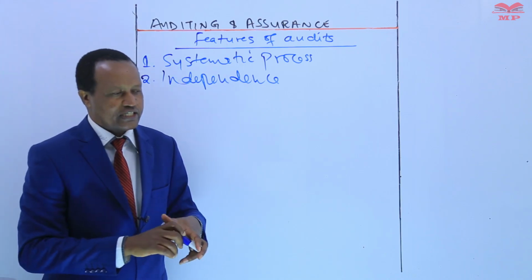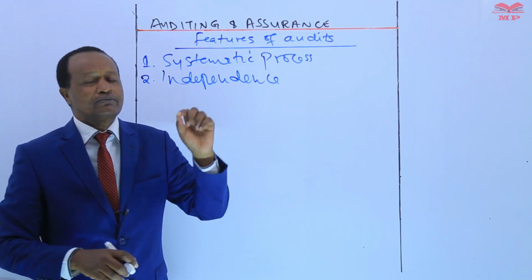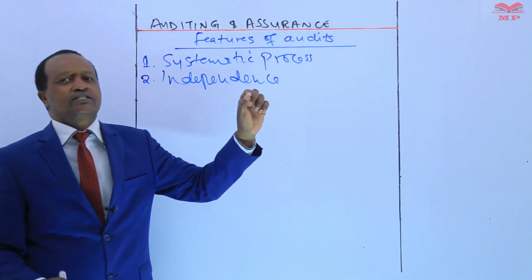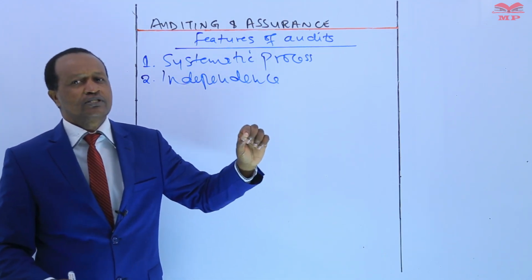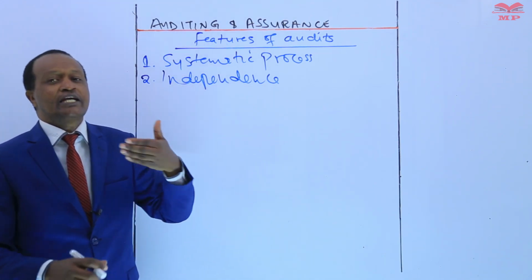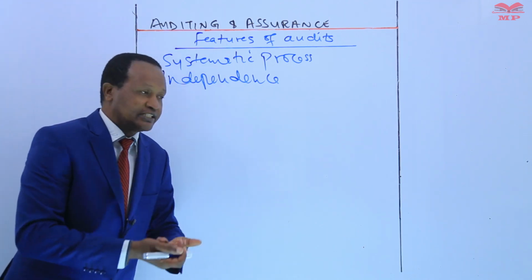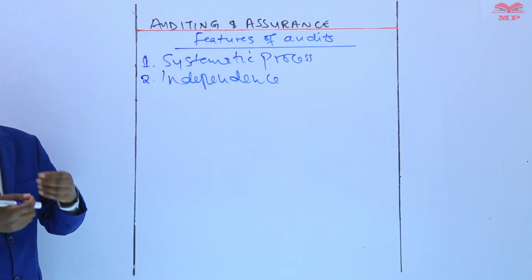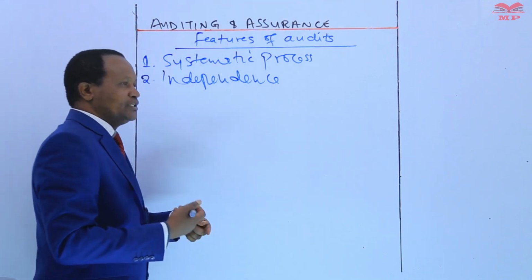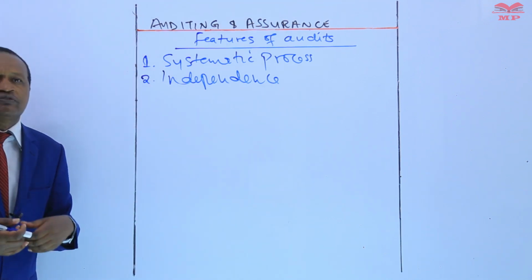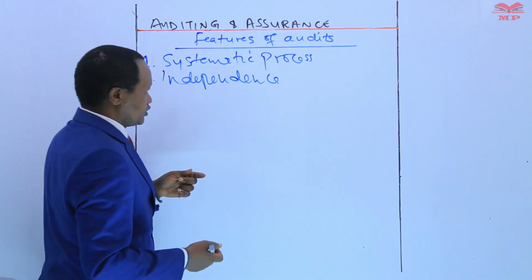That's why auditors are appointed by the owners and not the managers. That independence is very important to ensure objectivity and impartiality in the assessment, and it is crucial for maintaining credibility and the reliability of their audit reports.